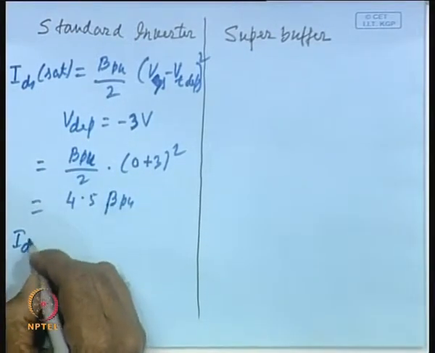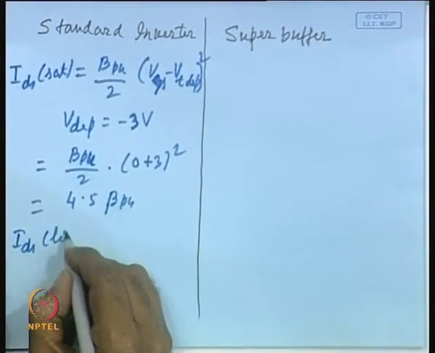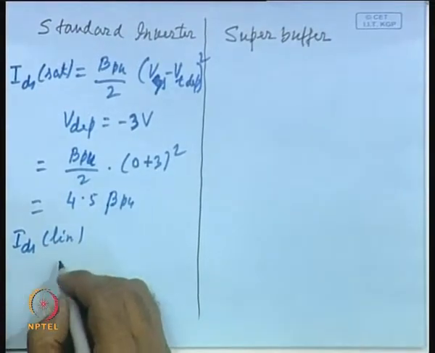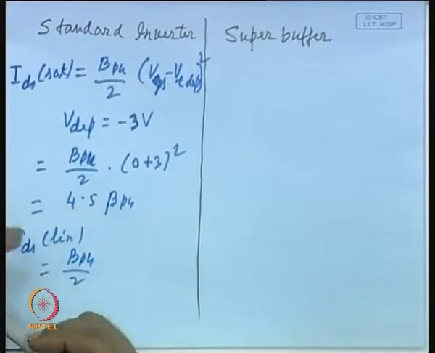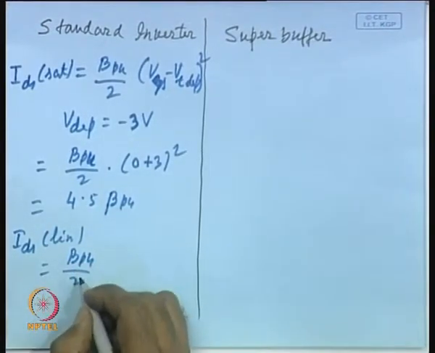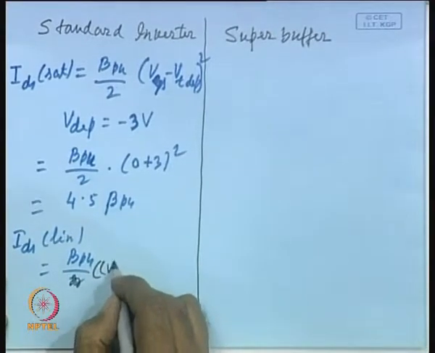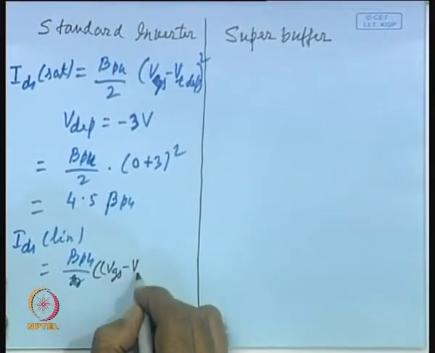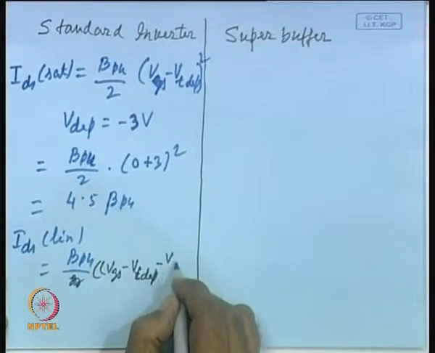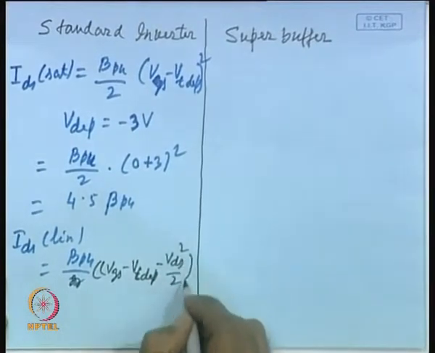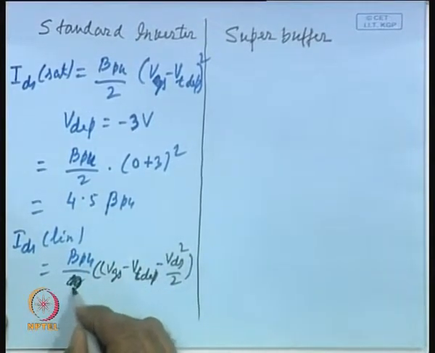What about the current whenever it is in the linear region? Then this is equal to beta pu by 2 into V GS minus V T dep minus V DS square by 2. This is the expression for linear region.